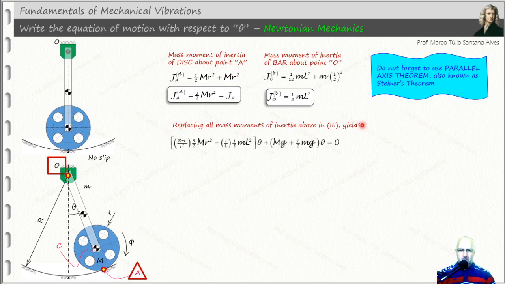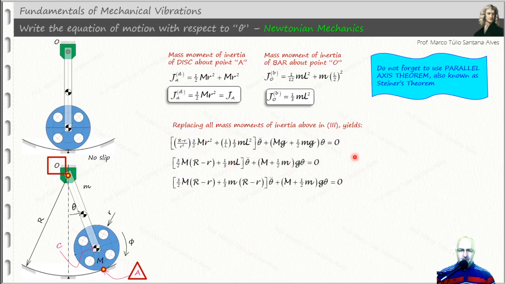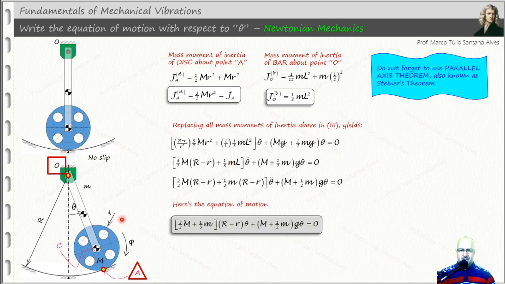From now on, it's just a matter of being careful with the algebraic work to proceed. If we proceed, we obtain the equation of motion for this system here.